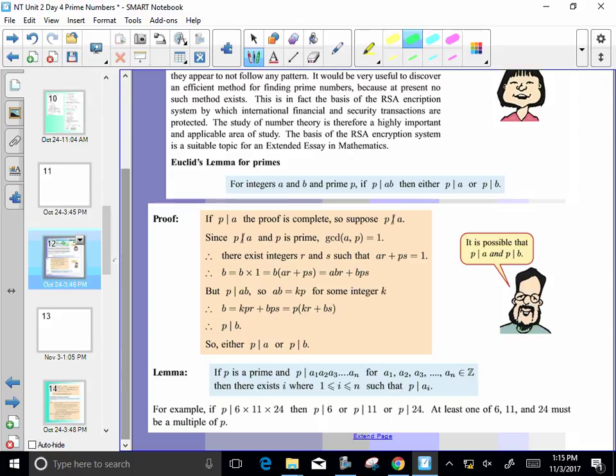So for integers a and b and prime p, if a prime number divides a product of two numbers, either p is divisible by a or p is divisible by b.